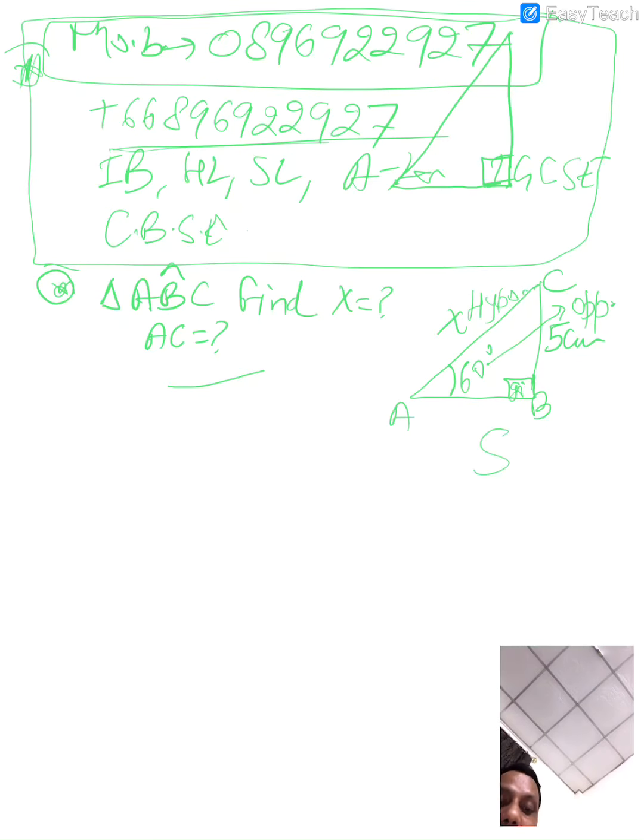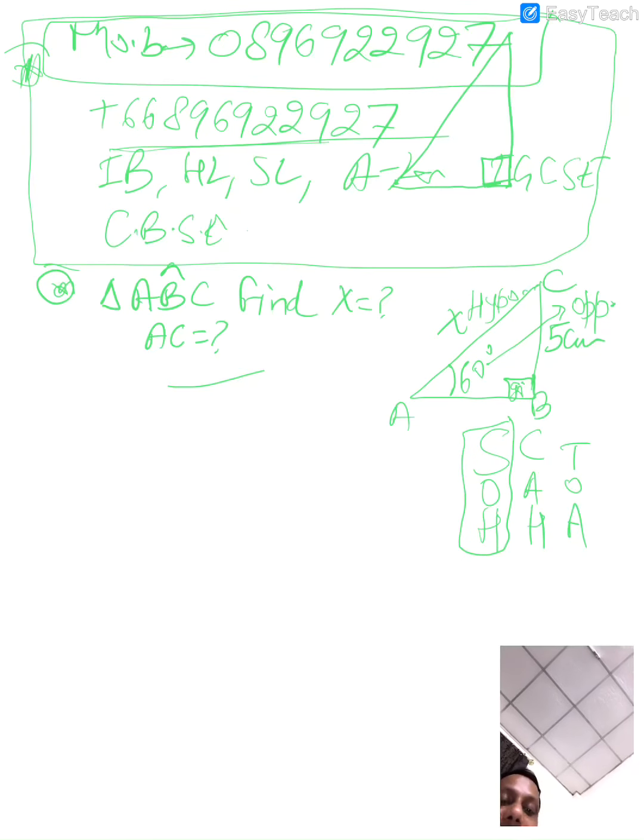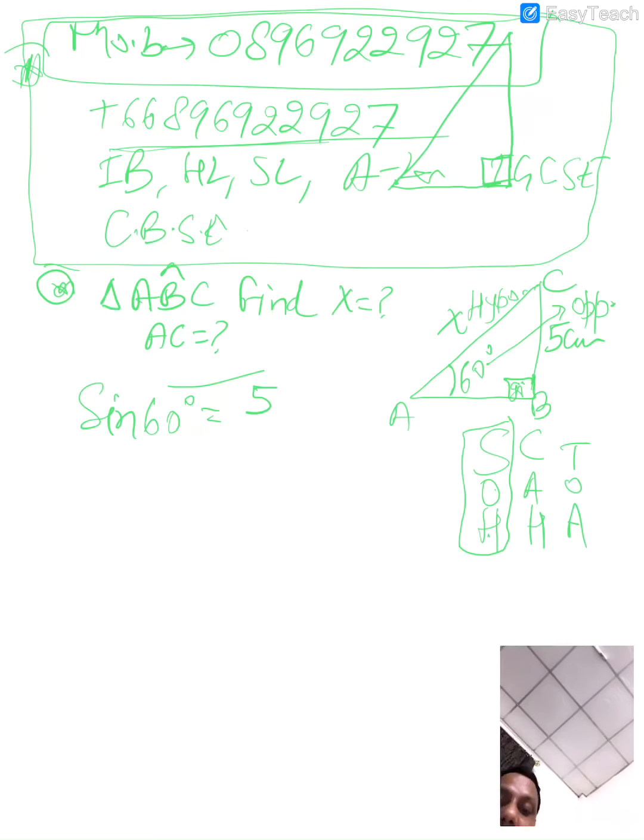So you can use SOH CAH TOA here. As I told you, the kids who are smart write SOH CAH TOA on the page. I'm going to use sine here, because we have opposite and hypotenuse, so O and H. You have to write sine 60 degree is equal to 5 over x, because it is O over H. Sine 60 I already explained on the last page, or you can use the calculator.